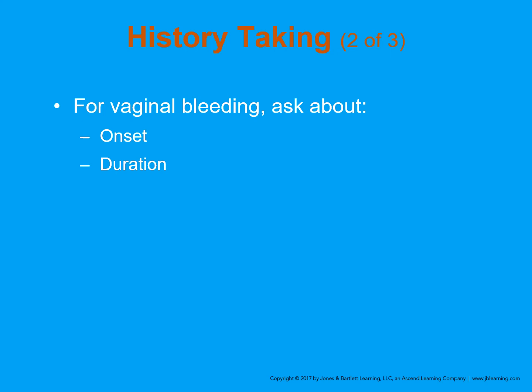You might want to ask about quantity, meaning the number of sanitary pads that were soaked. If they're using sanitary pads to soak up the blood from the vaginal bleeding, that's a good thing to ask. And then again, the associated symptoms such as syncope and lightheadedness.